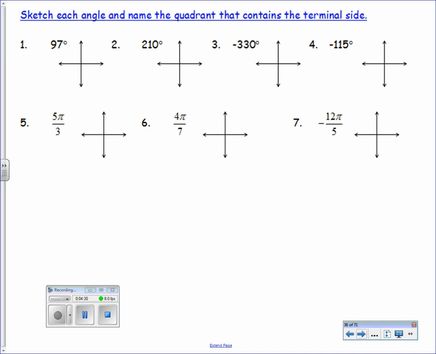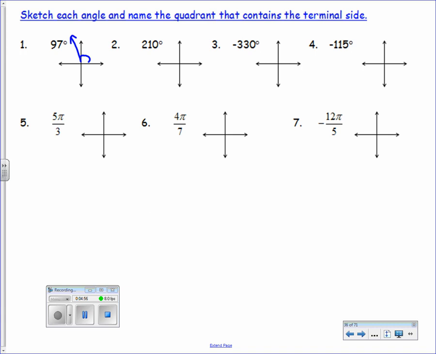So we're going to sketch our angle, and we'll talk a little bit about how we change this, and also how we can look at the unit circle to help guide us. So for number 1, we're trying to sketch 97 degrees. We know where 90 degrees is. And again, we're turning this way because it's going to be positive. 7 degrees more is just going to be a little bit past that 90-degree line.